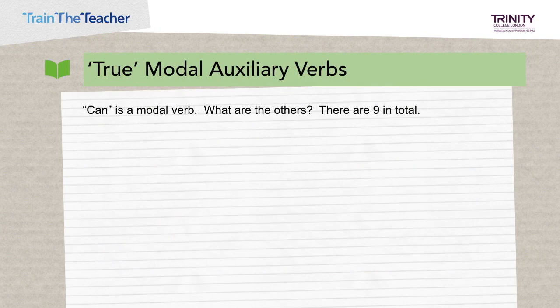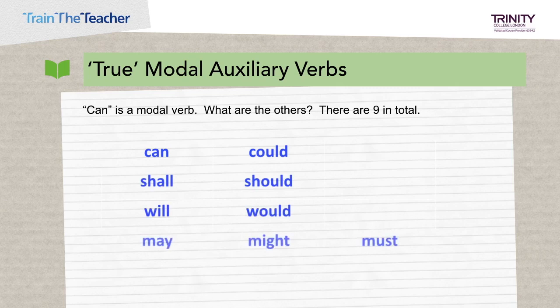Can is a modal auxiliary verb. There are 9 true auxiliary modal verbs. What are they? And here they are. I find it easy to remember them in these groupings: can, could, shall, should, will, would, may, might, must.